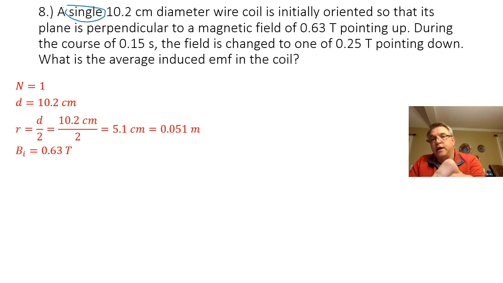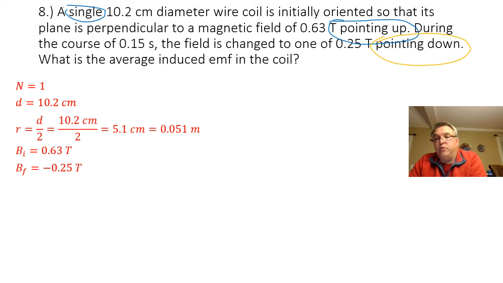The initial value for my magnetic field is 0.63 Tesla, and when it is at that value, it is pointing up, and we are going to say that up is our positive direction. After the course of 0.15 seconds, the field is changed to one of 0.25 Tesla, but now it is pointing down.